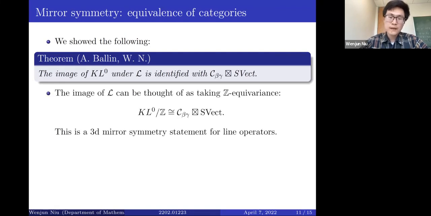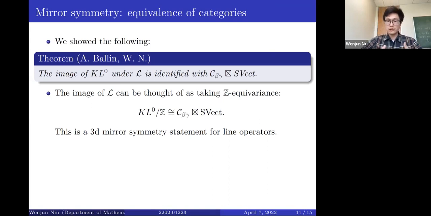Great. So the image of L can be thought of as taking Z equivariance, because here I have a Z lattice of modules of GL(1|1), and their fusion makes it into a subcategory that looks like coherent sheaves on Z, or modules of C star, representations of C star.